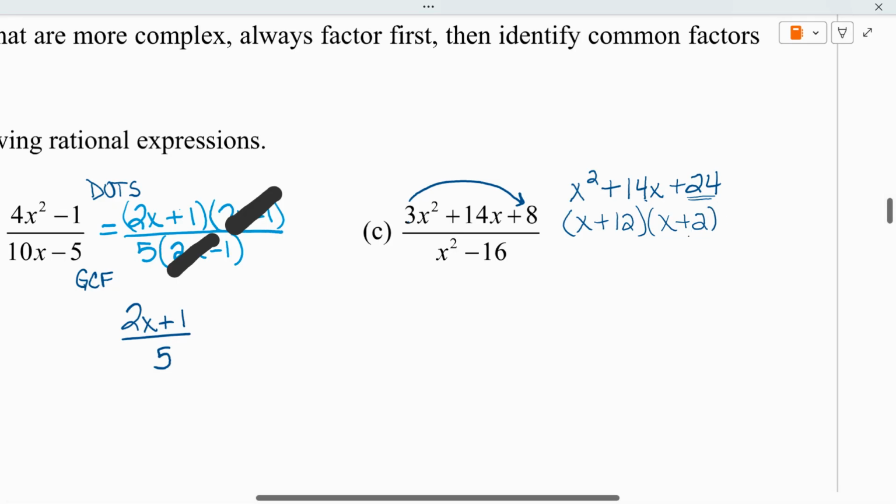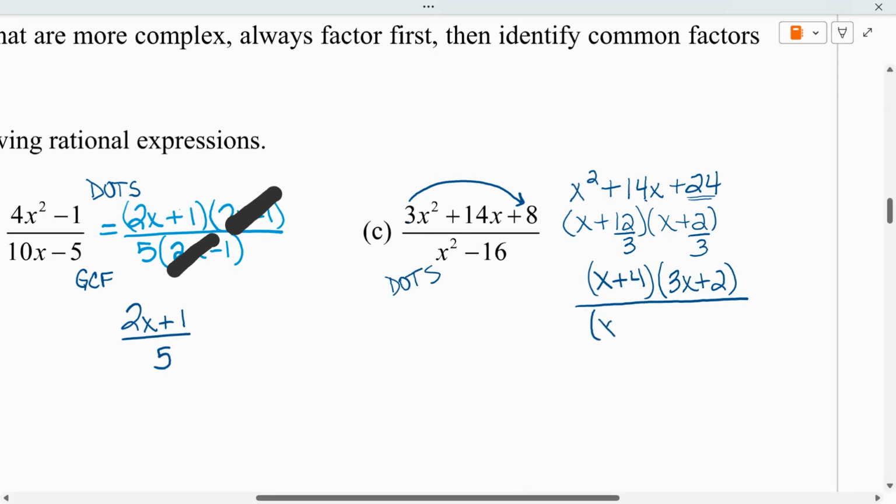Now I have to divide. I have to divide both terms by 3. So 12 divided by 3 is 4. So my numerator becomes the factor x plus 4 times 3x plus 2 over, how does my denominator factor?